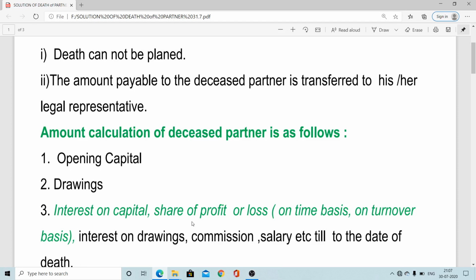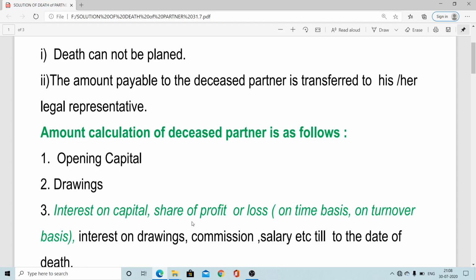At that time, after the balance sheet till the date of retirement, we calculated the retiring partner's share of profit and passed the entry: profit and loss suspense account debit to retiring partner's capital account. Here also the same process will be there, but we cannot use the name of the deceased partner. We cannot transfer profit and loss or any other benefit in the name of the deceased partner. Ultimately, we have to credit initially, but finally we have to transfer to the legal nominee.